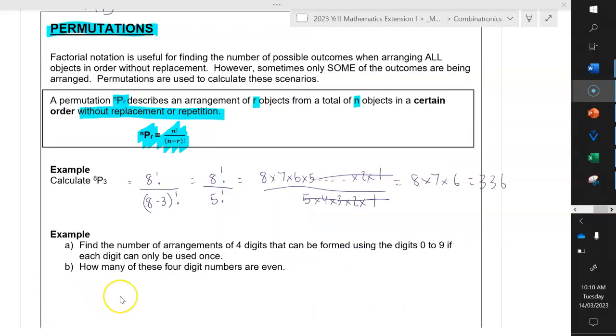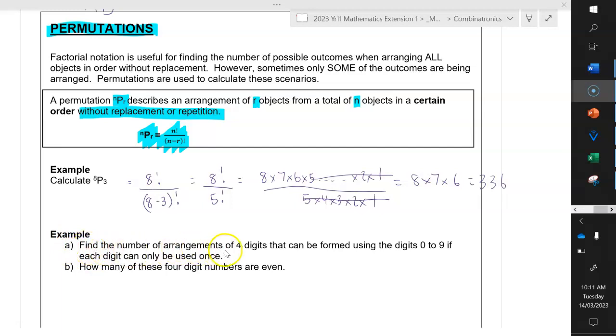So all our questions on permutations and then later on in combinations are going to come down to the language that's written. So we need to remember what's written in this box up here. It's saying that our permutation nPr is r objects chosen from n, but the words there are without replacement or repetition. So that will help us with question A down here.